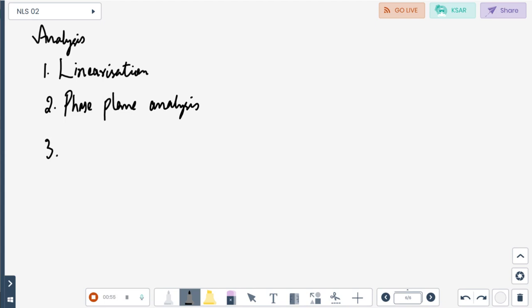Thirdly, we'll be looking at the Lyapunov analysis, Lyapunov theory. And fourthly, we'll be looking at the describing function method.